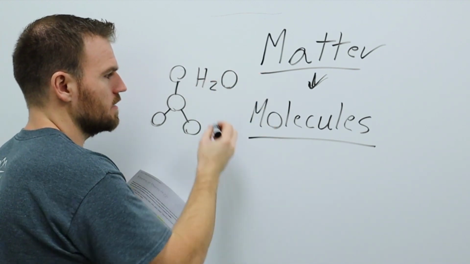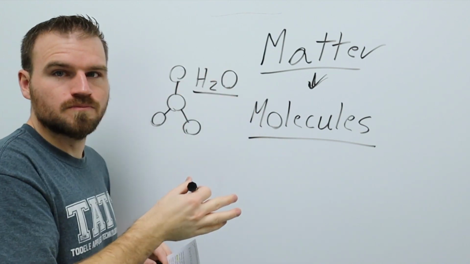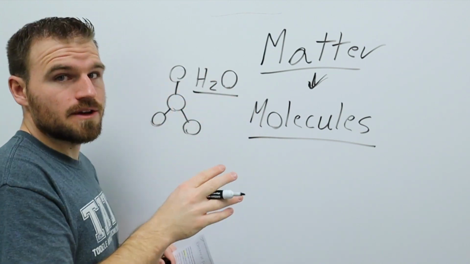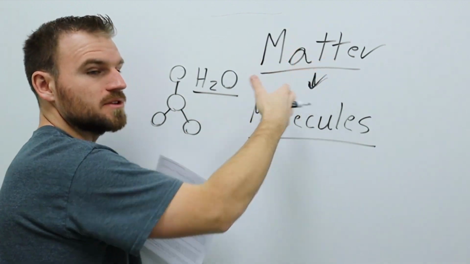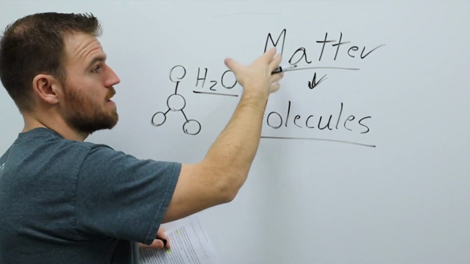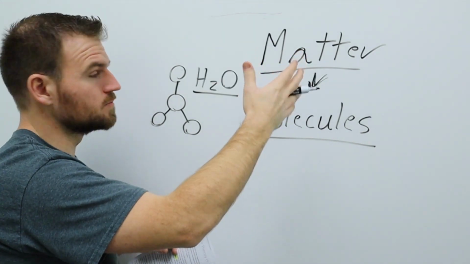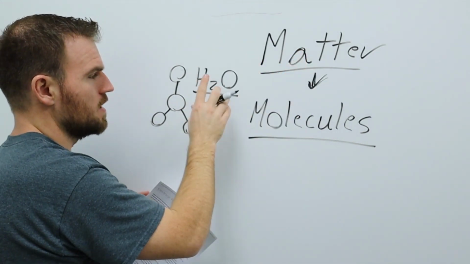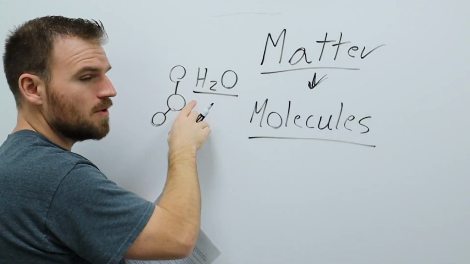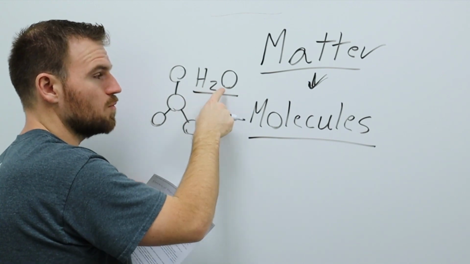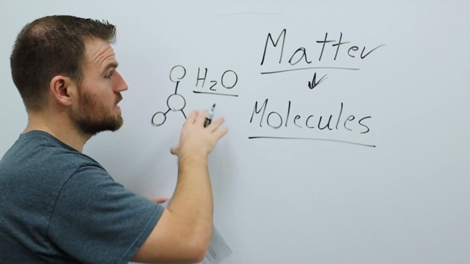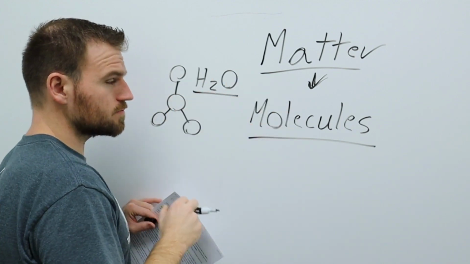H2O is actually 3 different atoms coming together to make that molecule, and a bunch of those molecules turn into a big body of water. So the atomic structure here is 2 hydrogen atoms, that's what the H stands for, and 1 oxygen atom, and that turns into that molecule.